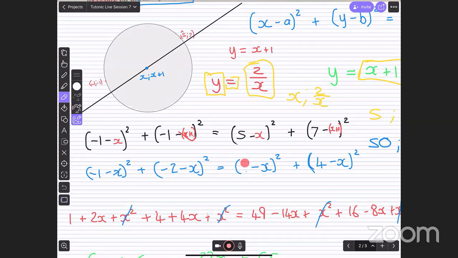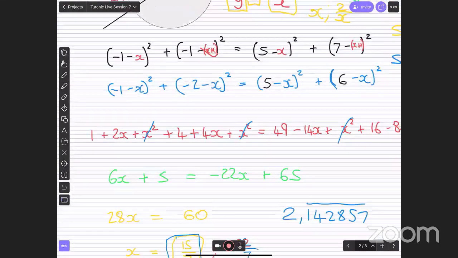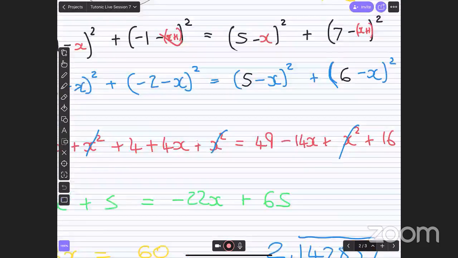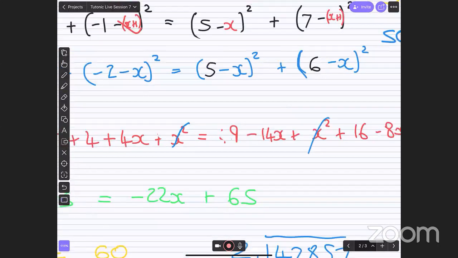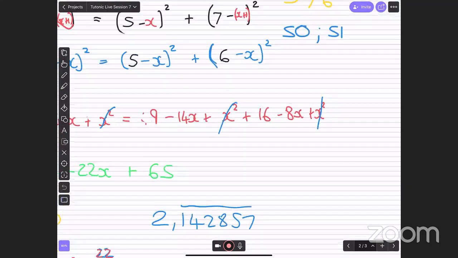But look, the numbers are changing, but the principle is the same, right? You guys agree the principle is the same? So it's 7 minus x minus 1, which is 6 minus x. Okay, the left side is going to be exactly the same. We're going to get 25. What's 5 minus x squared?